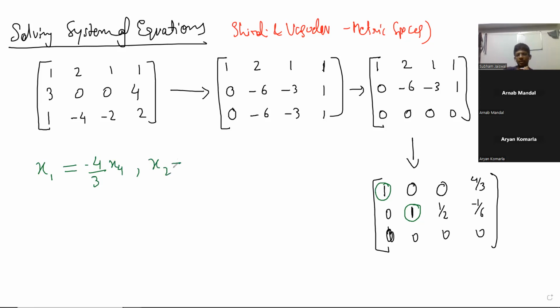And x2, x3, 1 by 6 x4, and obviously x3 and x4 are free. So those are the free variables or free columns. So your entire solution set is this. Anything that is not written here should not be assumed, right? Which means that x3 and x4, nothing should be assumed, they are free.